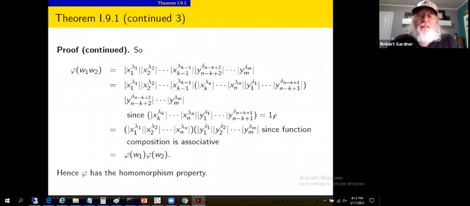That's what phi did. Now, I'll tell you what, let's stick this in between the last x and the first y. This is the rest of the x's and the first bunch of the y's. Because we saw upstairs, the product of those as mappings is just the identity function on f.